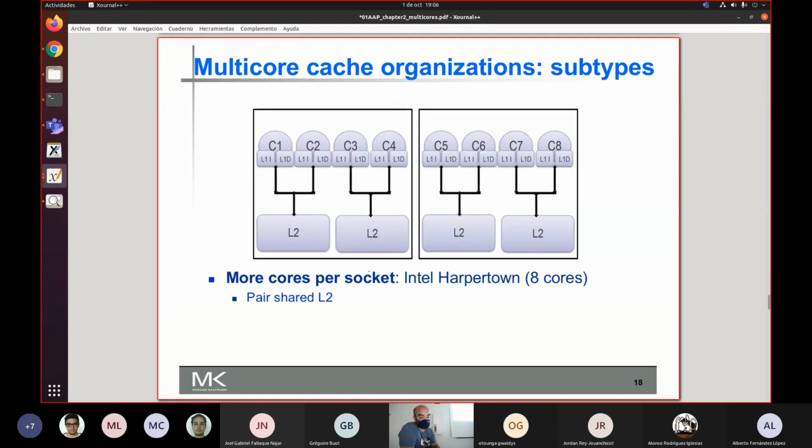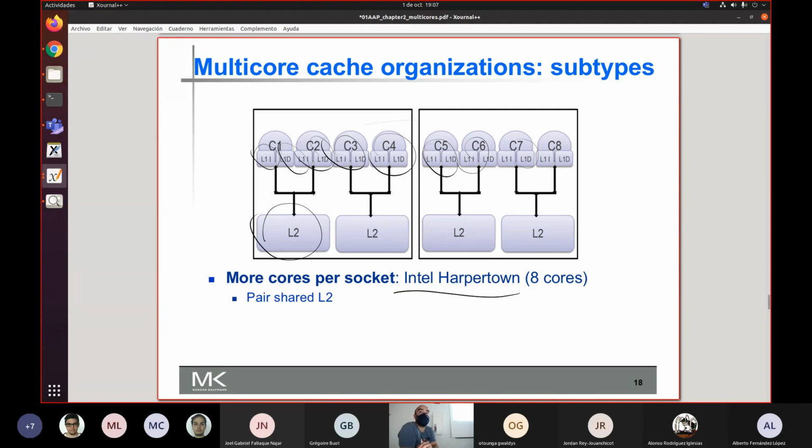For instance, here we have 8 cores. All of them have private level 1 caches, and the level 2 is shared, but between pairs of cores. This happens sometimes in computer architecture, but is not very common anymore.